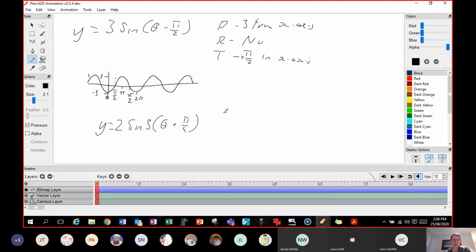So we're going to do our dilations first. 2 from x-axis. A third from y. No reflections. Translated negative pi on 4 in x-axis.